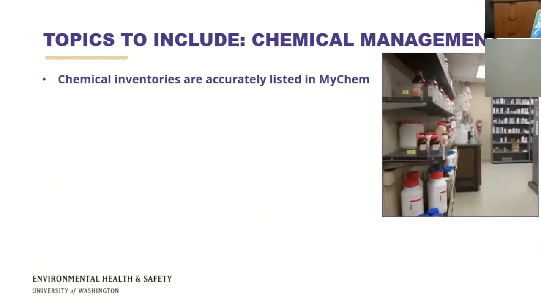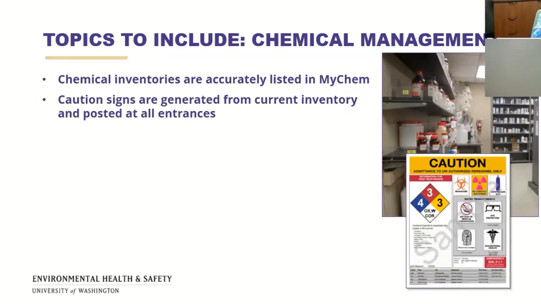Chemical management is a key topic for lab self-inspections that has multiple aspects to it. The best starting point is to make sure that your chemical inventories are accurately listed in MyChem. Then check to see that your caution signs are generated from the current inventory and that you have them posted at all entrances to your lab spaces.